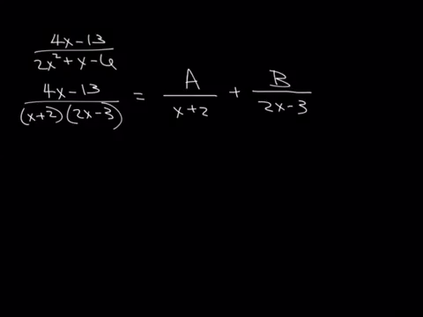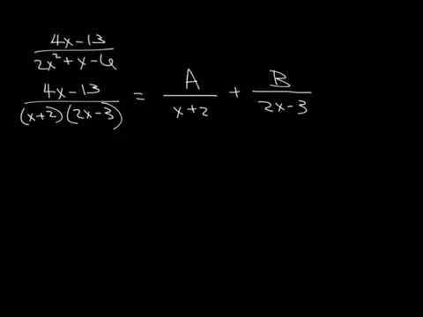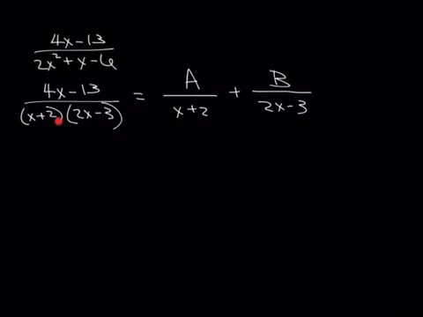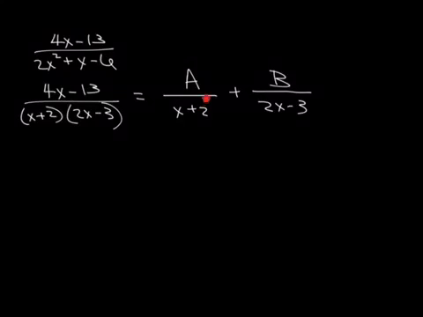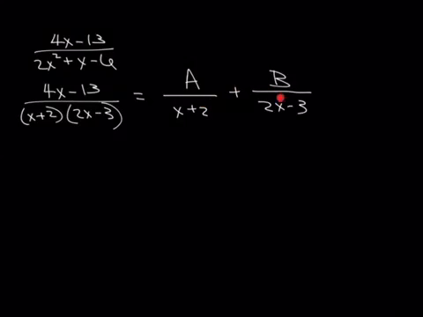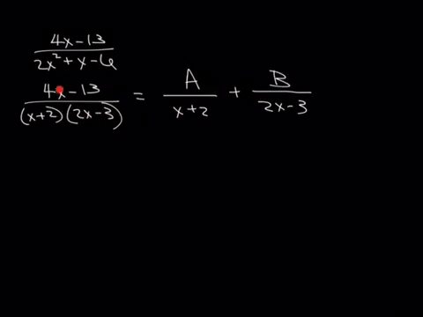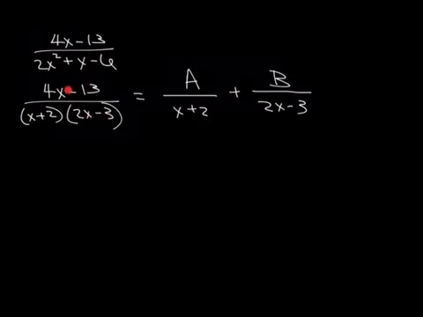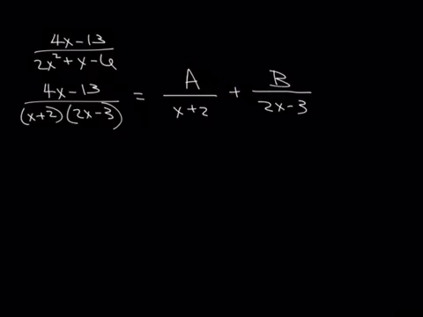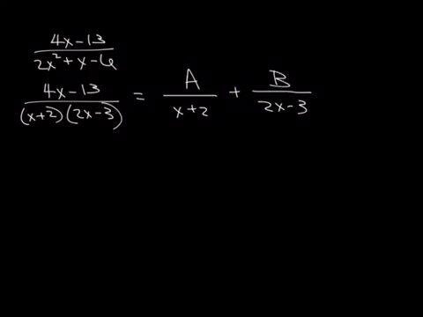From what I have here, I am saying that this expression equals the sum of these two expressions. So when I add these two together, I'm going to get this as my denominator and this is my numerator. But these are not multiplied. It's added, so it makes a little bit of a difference here.